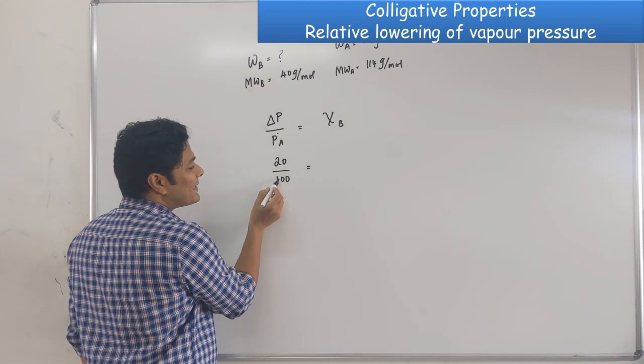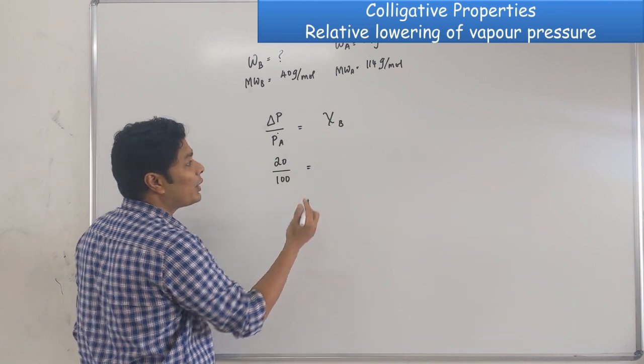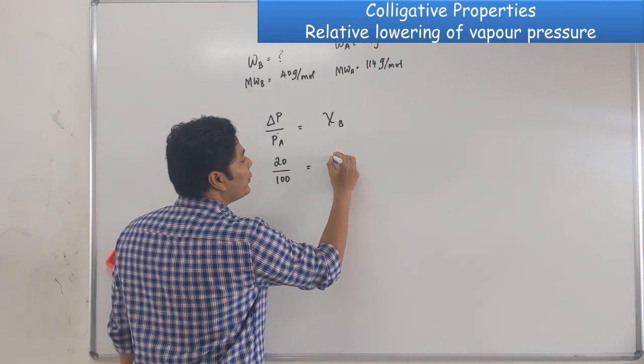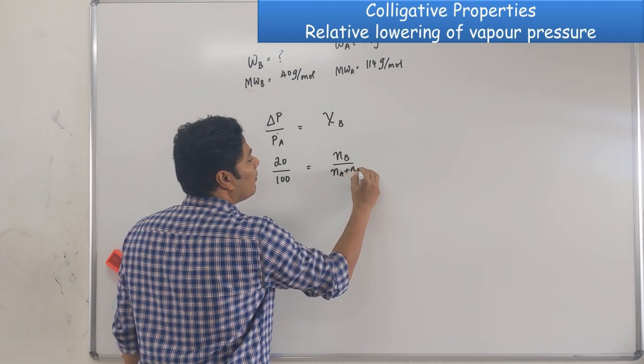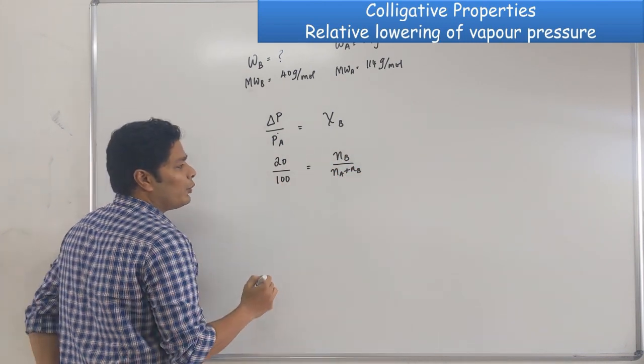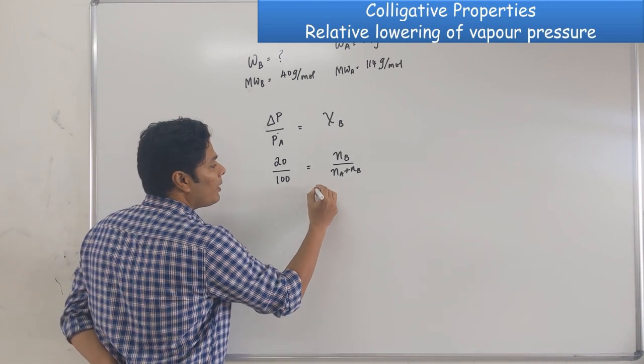Now here it's a significant change, 20 is 20%, so I cannot approximate. So I can do moles B divided by moles A plus moles B. And remember, we can do our trick again.